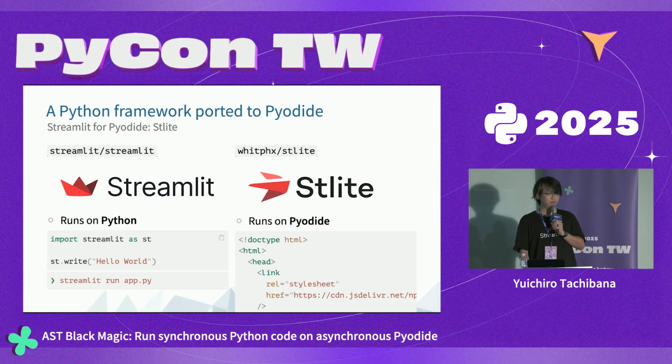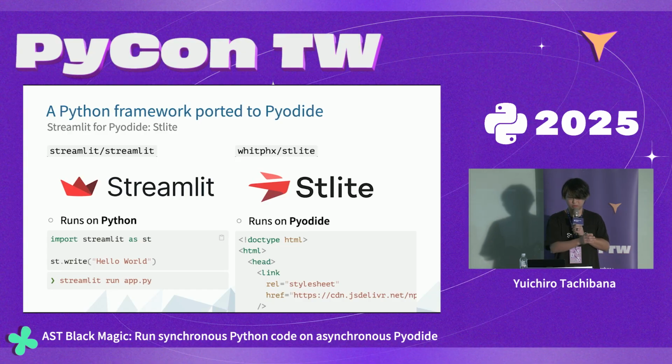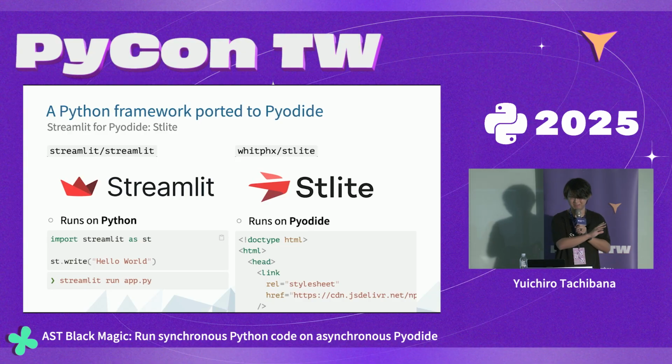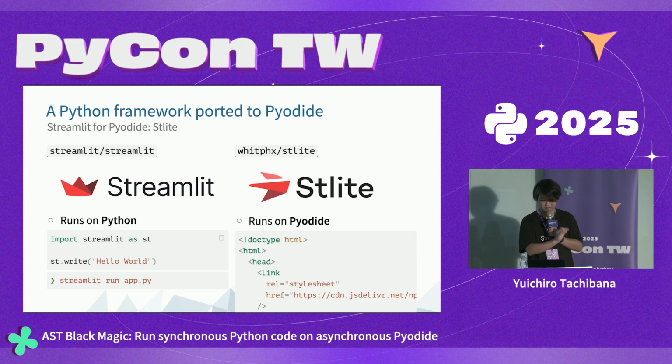So when I saw this very interesting technology, I thought I could make something interesting based on an existing Python framework. So I started my own project that forked an existing Python-based framework, that, in my case, was Streamlit. You don't have to take care of the details of these technologies in this presentation, by the way.